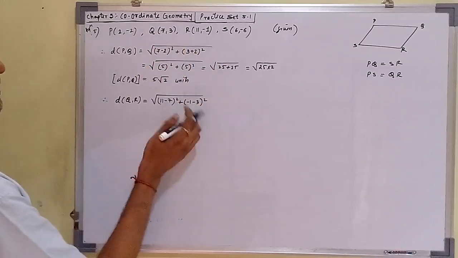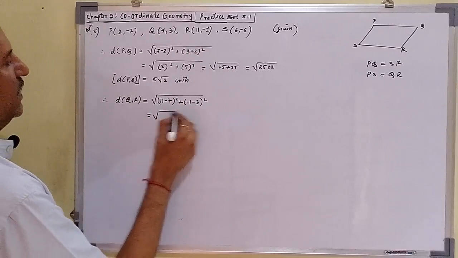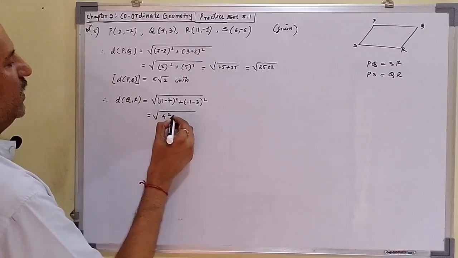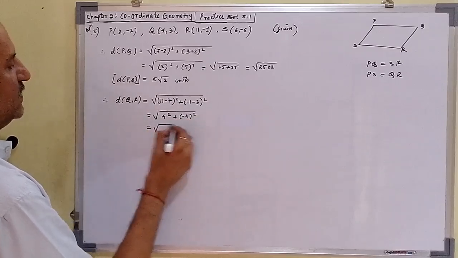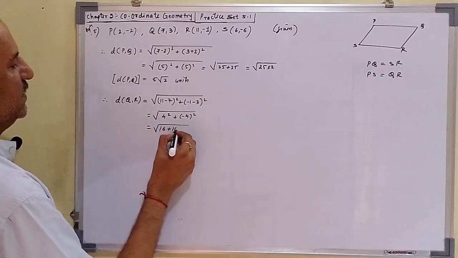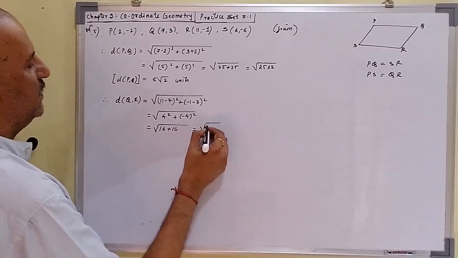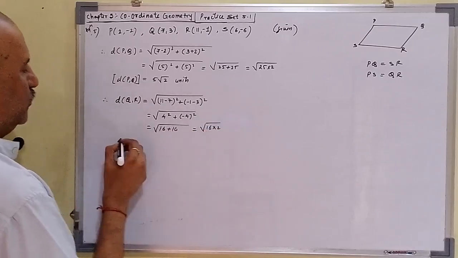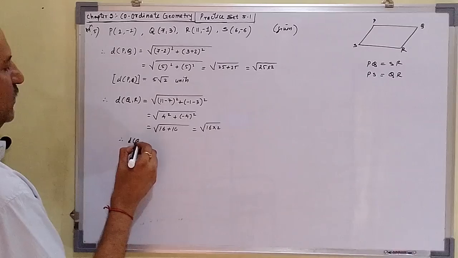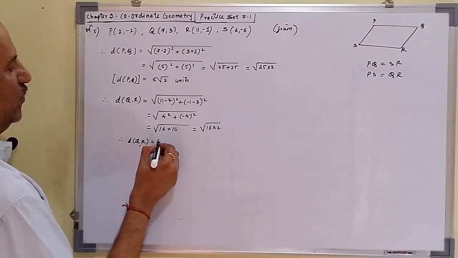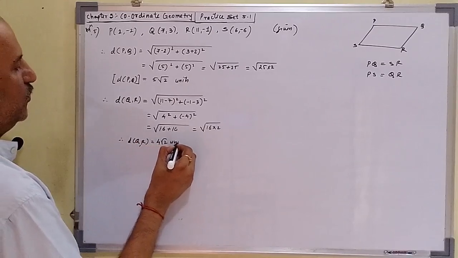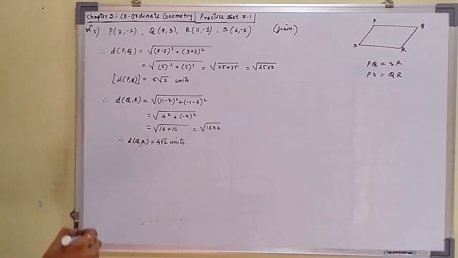How much does this come to? 11 minus 3 is 4, square, plus minus 4 square, so this comes to 16 plus 16, which is 16 into 2. So distance QR equal to 4 root 2 units.